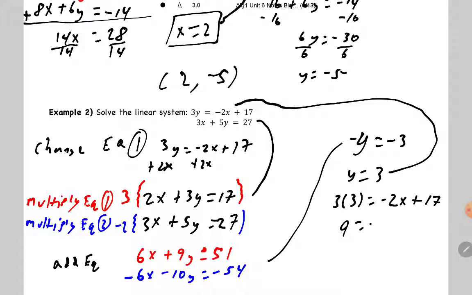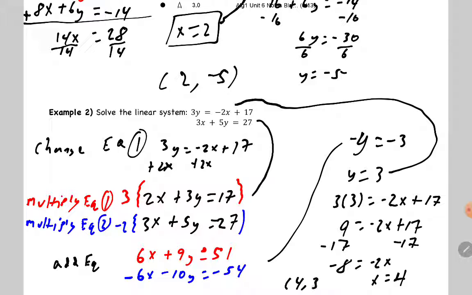So I'll get 9 equals negative 2x plus 17. Subtract 17 over to get negative 9 minus 17 is negative 8 equals negative 2x. So x equals positive 4. So my answer is 4, 3.